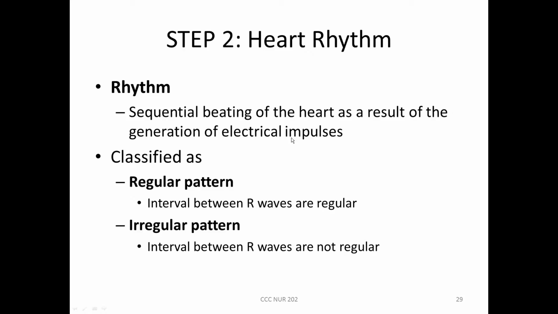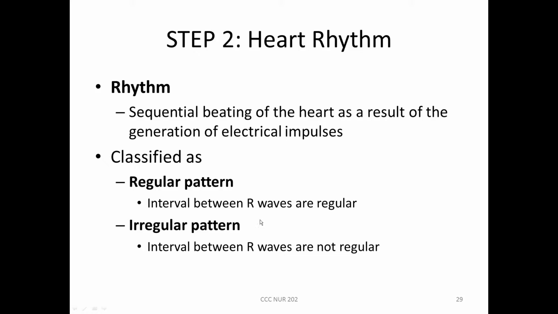Then we're going to look at the heart rhythm. The heart rhythm is a sequential beating of the heart as a result of the generation of electrical impulses, of course. They can be classified as a regular pattern or an irregular pattern.